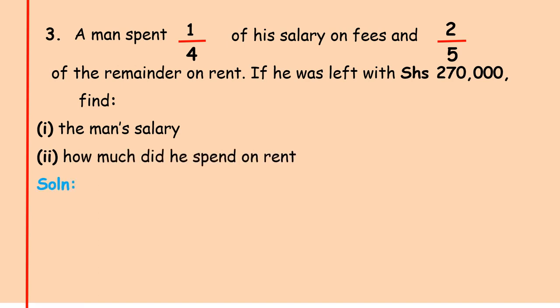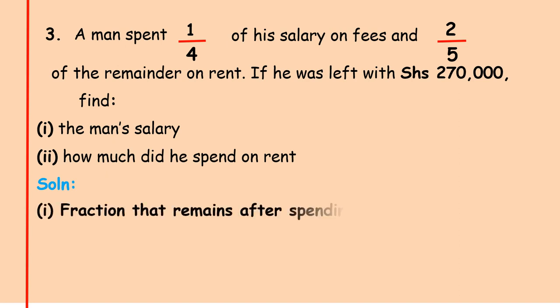So to begin with, can we get the fraction that remains after spending on fees? The man spent a quarter on fees. So after spending a quarter on fees, what will be remaining?